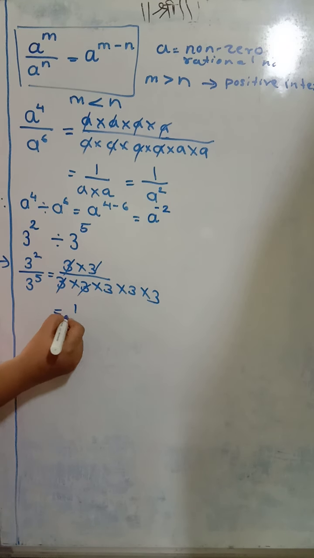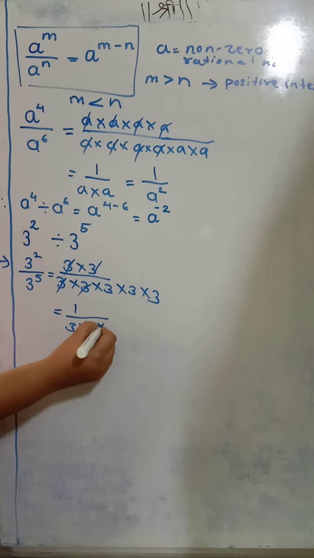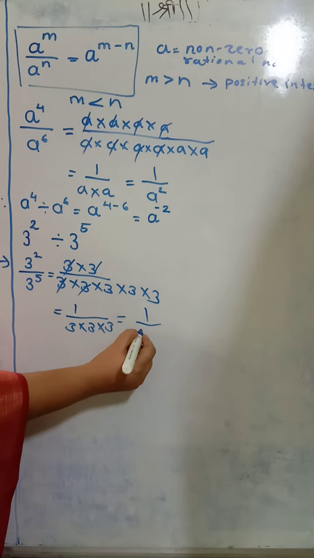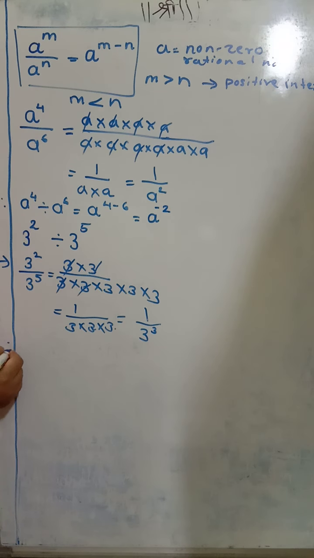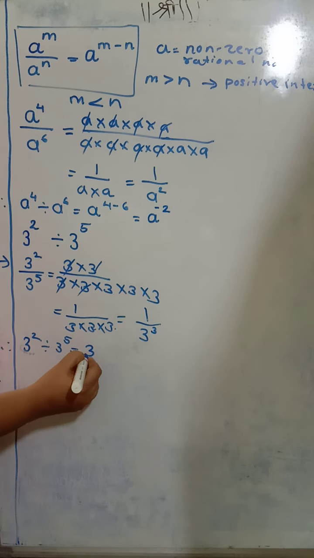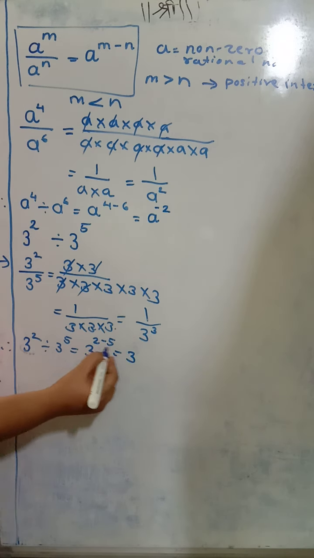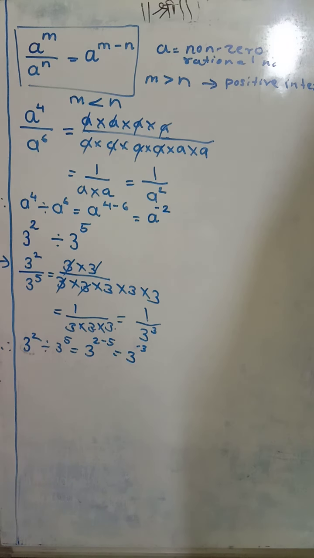So what is remaining? 1 upon 3 into 3 into 3, that is equal to 1 upon 3 raised to 3. Therefore 3 raised to 2 divided by 3 raised to 5 is nothing but 3 raised to 2 minus 5. Do normal subtraction, 5 minus 2 is 3, and the greater number's sign. Did you understand what to do when M is smaller than N? Use the same formula and do the division.